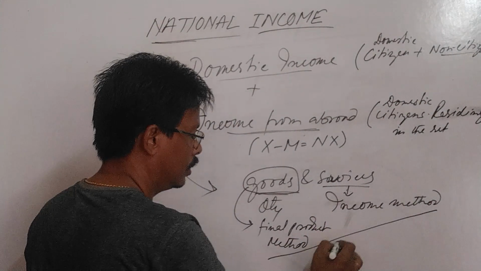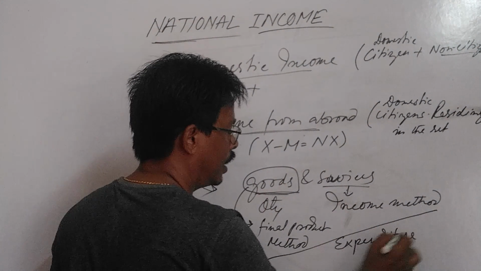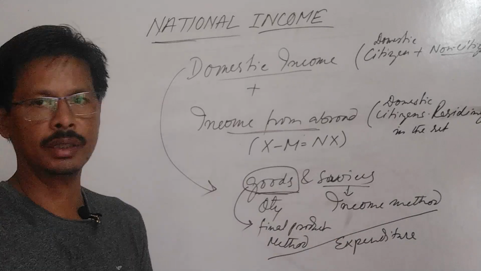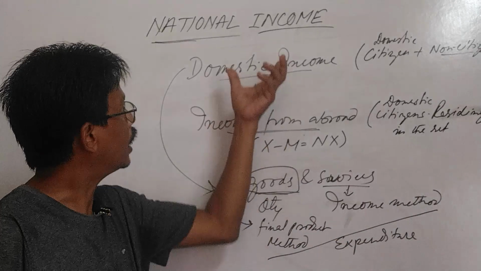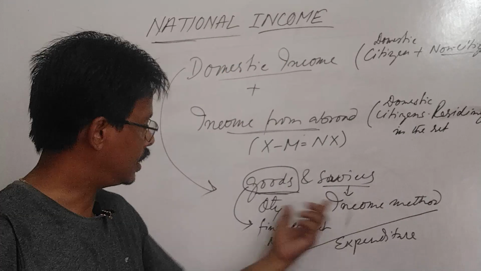or we may take one another method, that is expenditure method, because we know that whatever our income is, that is our expenditure. So if we calculate the national income with the help of expenditure method, it will be easier than the other methods.